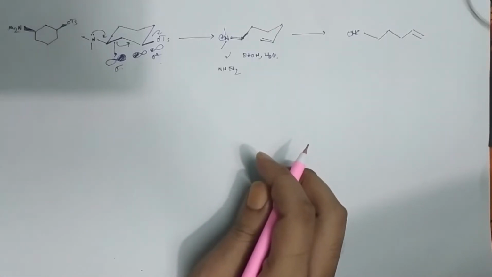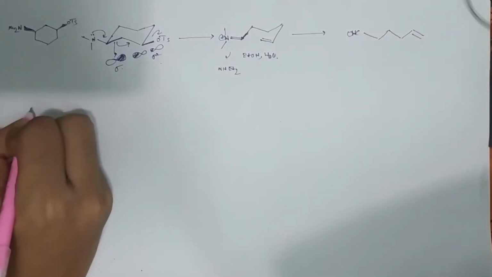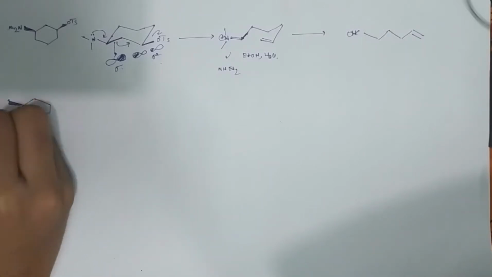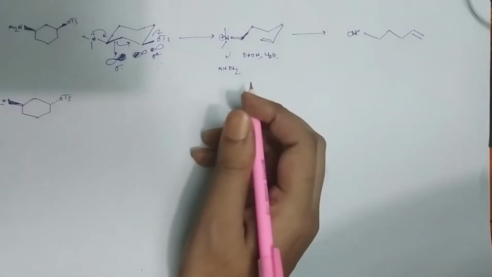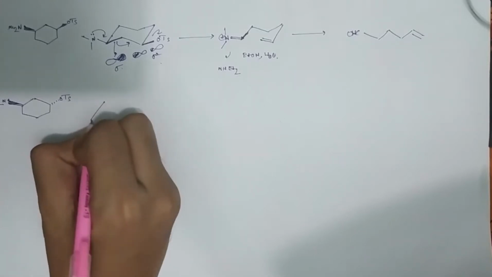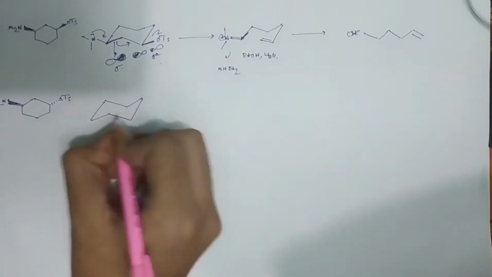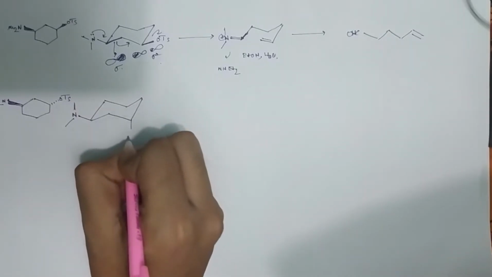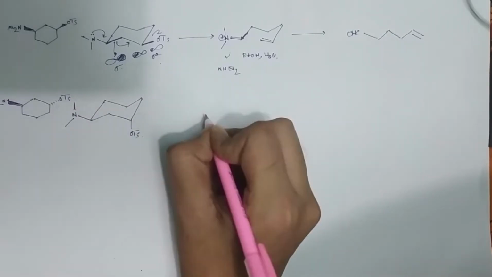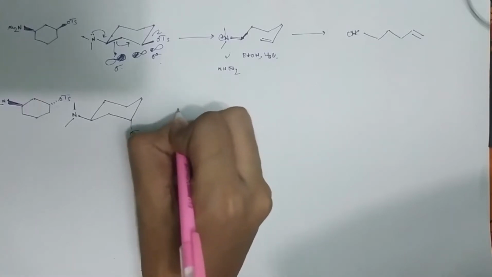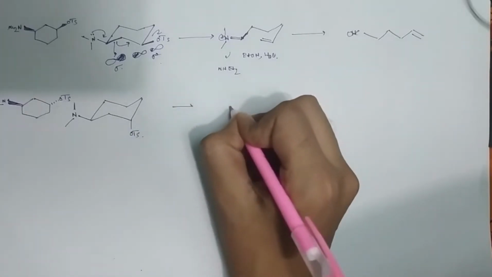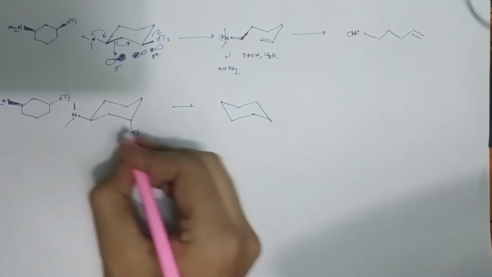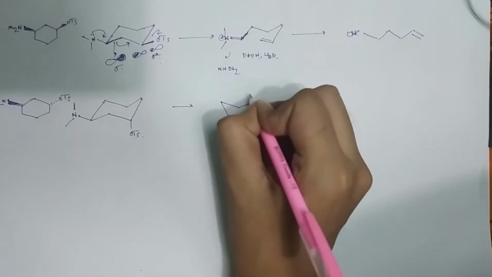So let's get back to another conformer, which is another diastereomer. In the same way we can draw the chair form. This is up and this is down. In the same way we can write another conformation, through ring flipping, where it will be in the axial position.